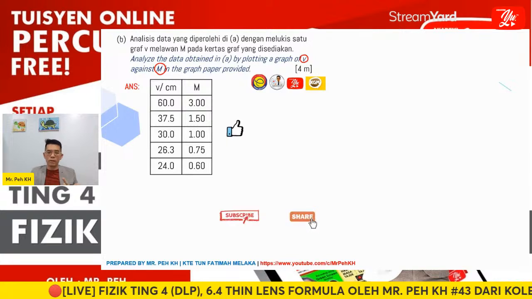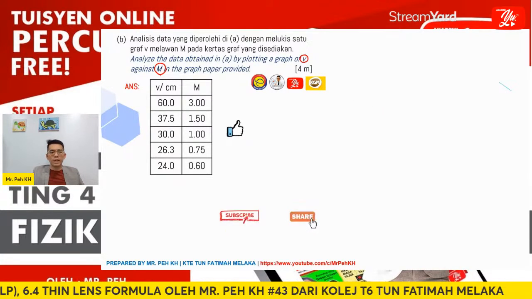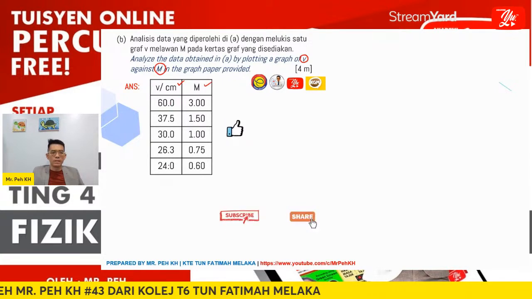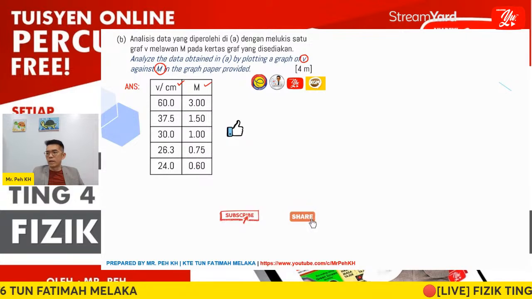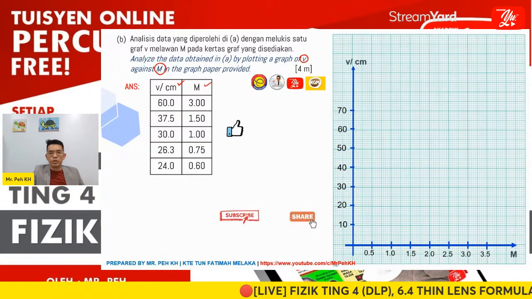Here the question asks you to draw V against N. You can see the readings needed are the ones we discussed already in A, the tabulation. So this will be the graph.